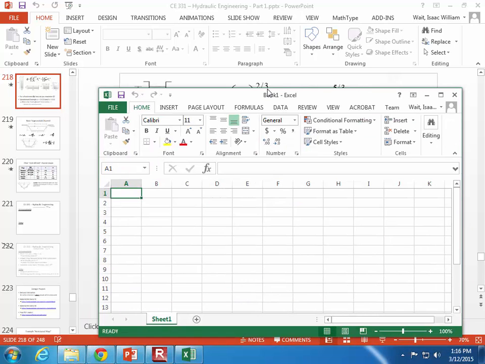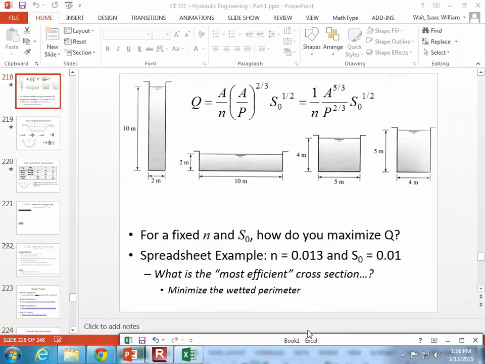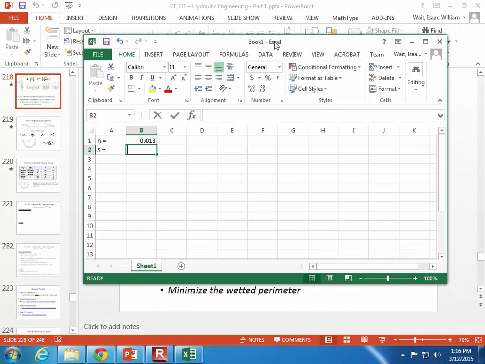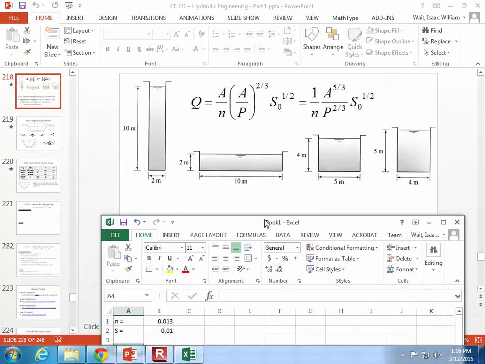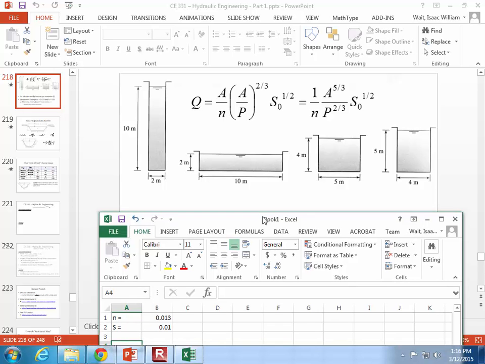Okay, so we have n equals 0.013. Our slope, the slope of the water surface of the channel, is 0.01. And then what we're going to have here is a variety of different cross-sectional areas.